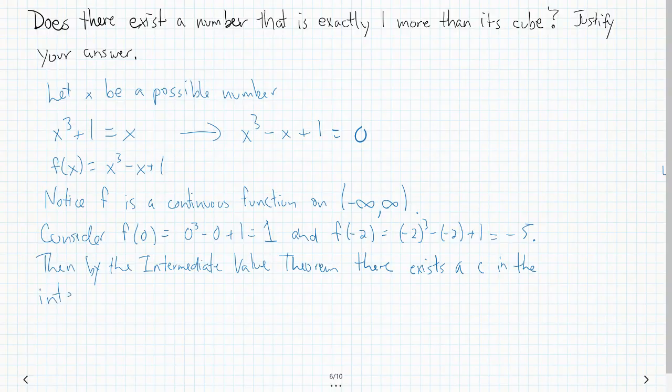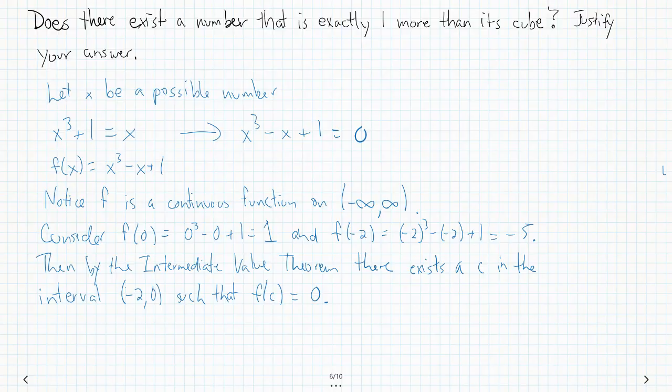And so what is our interval? Well, it goes from -2 to 0, right? Such that f of c equals 0. And that means there is such a solution. So yes, does there exist, and this is our work? Yes.